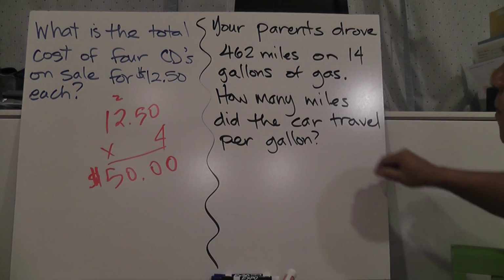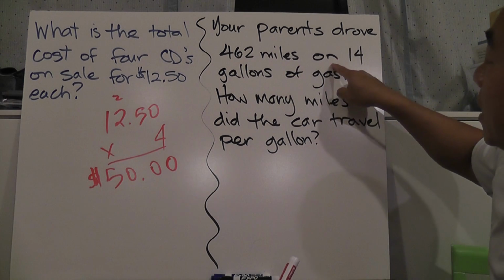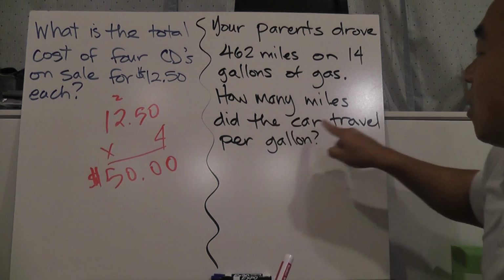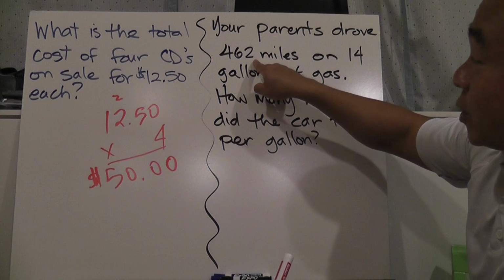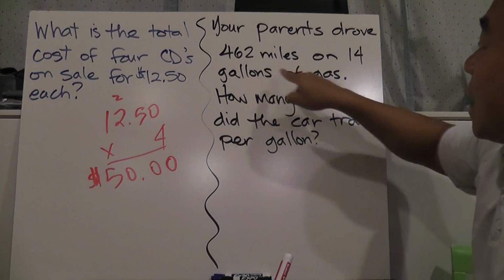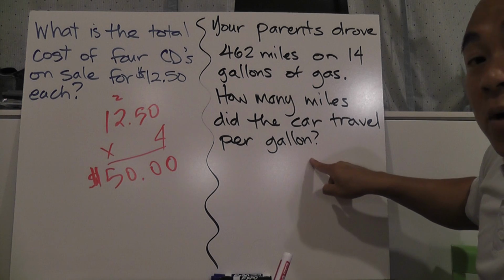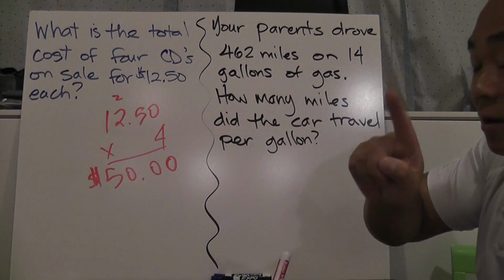Now let's go with the last one. Your parents drove 462 miles on 14 gallons of gas. How many miles did the car travel per gallon? So we know that your parents drove 462 miles, and they did that on 14 gallons of gas. The question itself that they want to know is how many miles did they drive on 1 gallon of gas?